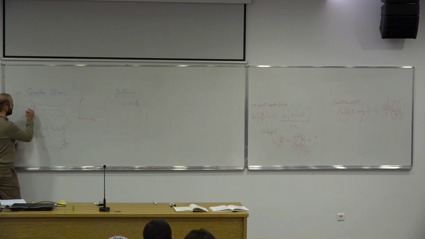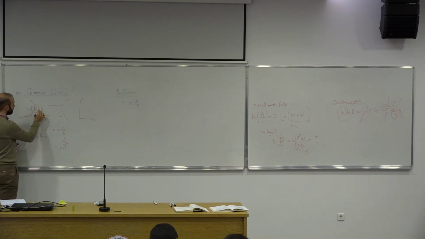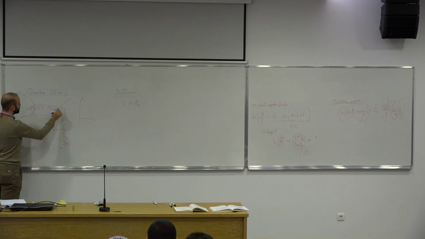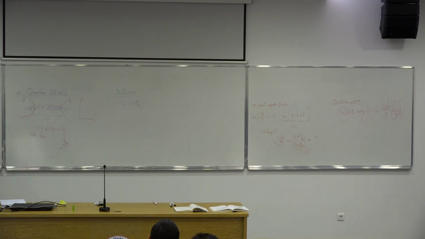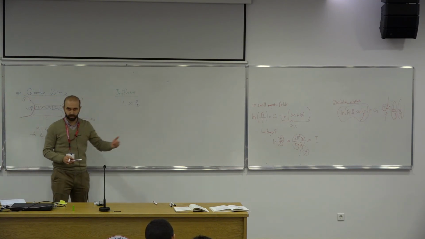Which means, let's say I have an electron here that starts its life. The scattering events that it will encounter will be so significant that the motion of the electron from source to drain will be diffusive. Okay? When I apply an electric field, it will encounter many scatterers. So the mean free path of electron should be much smaller than the length of my channel. That's the condition for diffusive transport.